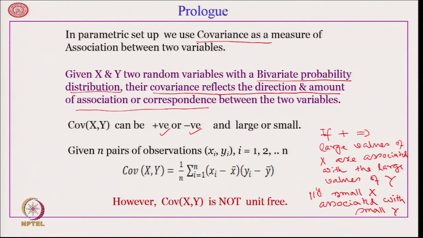On the other hand, if it is negative, then we know that if the covariance is negative, then large values of x are associated with small values of y.